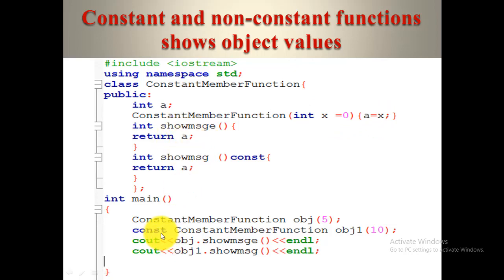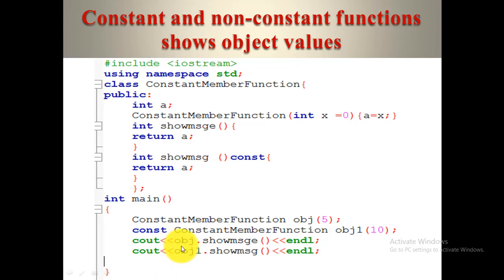In the same way we pass the constant object value 10, that is object 1, and it follows the same way, saves in a, and when we call the constant function through the constant object, it returns the value of a.